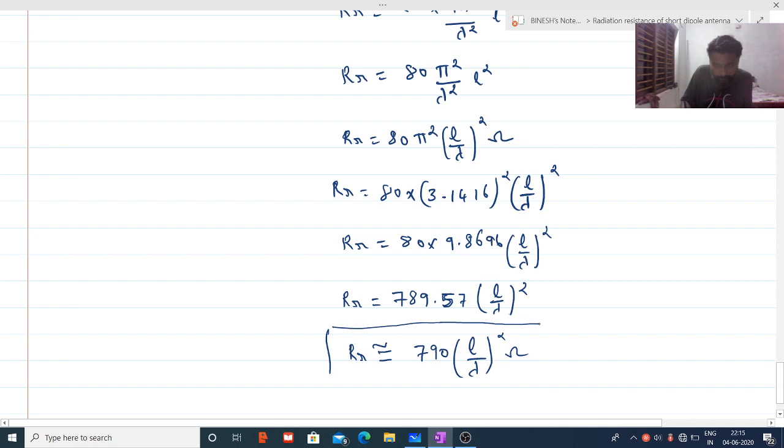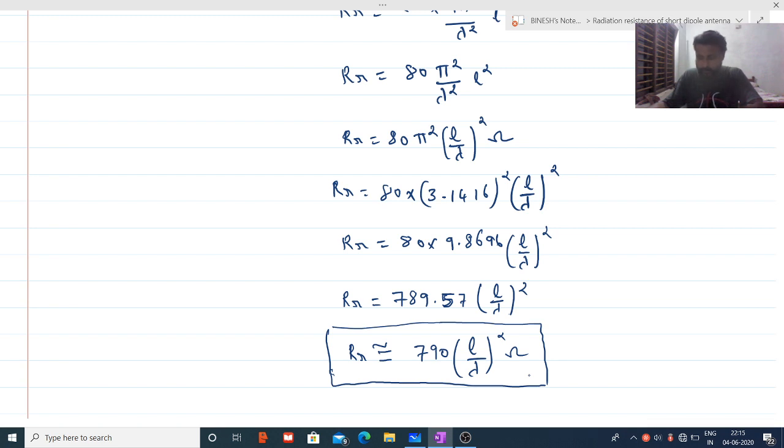Okay, this is the equation for the radiation resistance. Radiation resistance of a short dipole is nothing but 790 ohm normally.